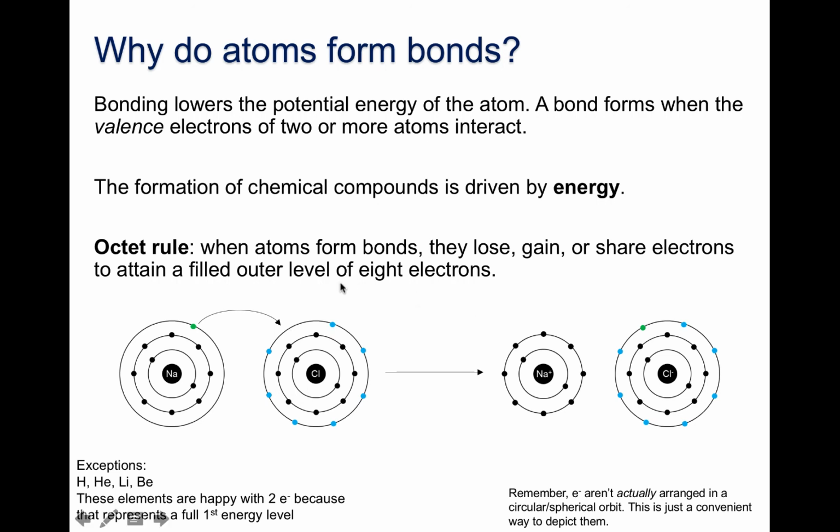And the reason that they do this is because when sodium gets rid of 1 electron, it's got 1 valence electron, it becomes the sodium ion, and now its outermost energy level, which is now energy level 2, has 8 electrons around it, thereby following the octet rule. Chlorine will happily take in that extra electron because the chlorine atom has only 7 valence electrons, and when it accepts that final electron, it's going to have 8 electrons on its outermost energy level, and it will follow the octet rule.